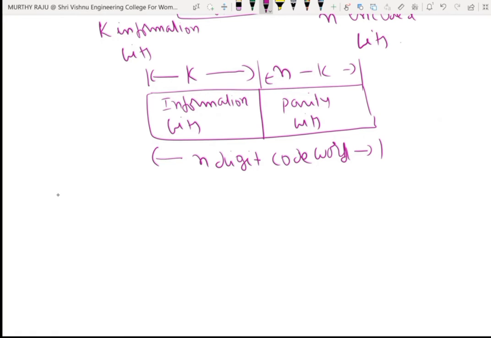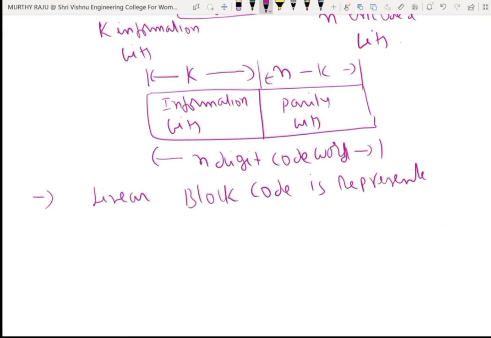A linear block code is represented by (n, k), where n is the number of encoded digits or bits, and k is the number of information bits.